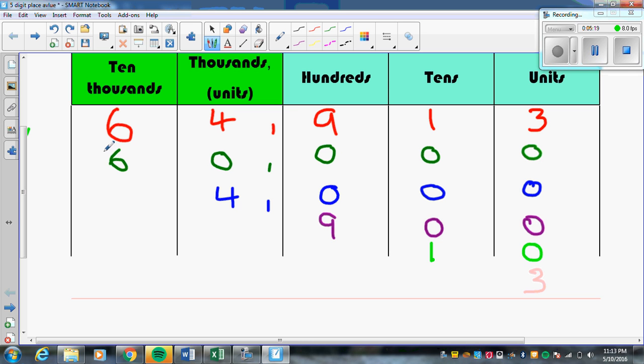So we can see this is our expanded form. 60,000 plus 4,000 plus 900 plus 10 plus 3. Okay. And we could write it this way.